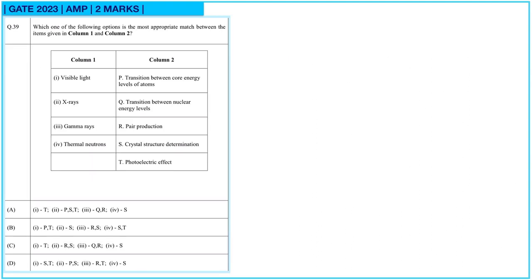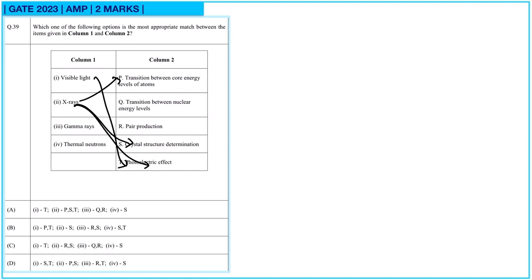Next question. Which one of the following options is the most appropriate match between the items given in column 1 and 2? First is visible. Now for the visible case, it will be for the photoelectric effect. Next is X-rays. X-rays means transition between inner core energy levels of atoms. So P, and it is used for crystal structure determination and for the photoelectric effect as well.